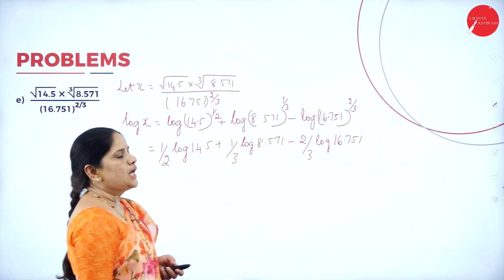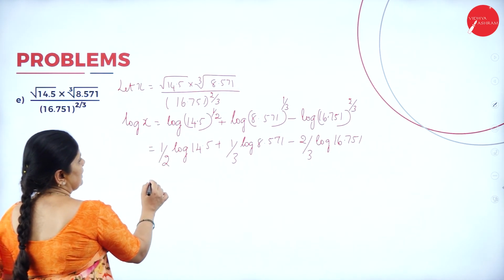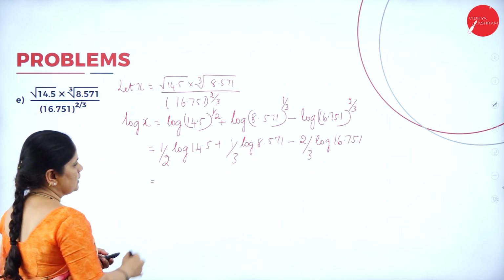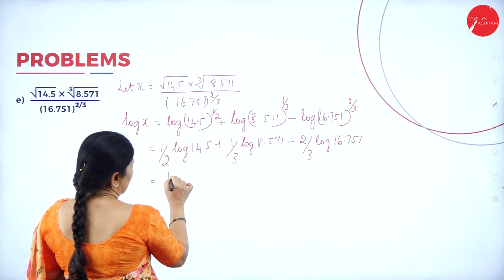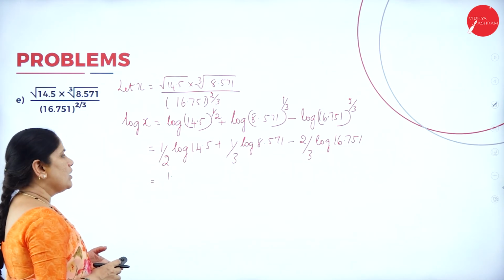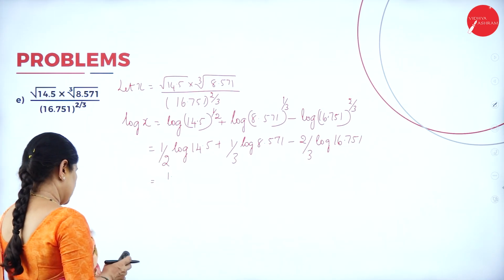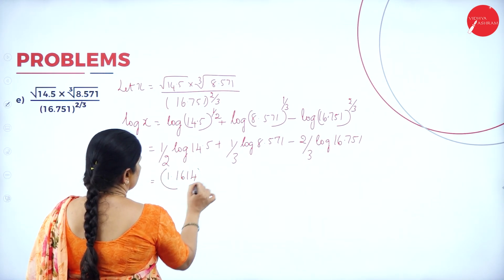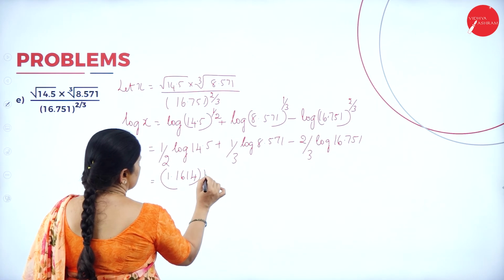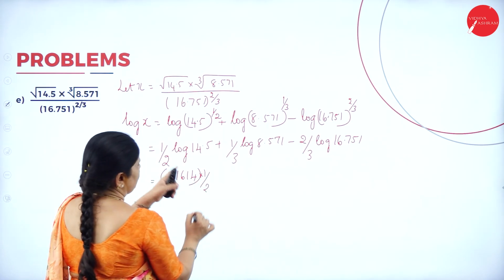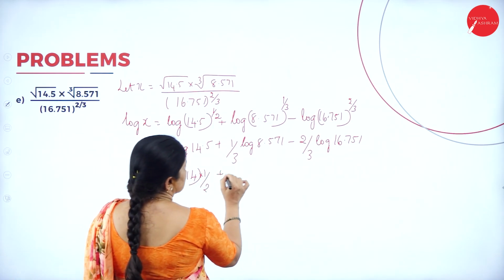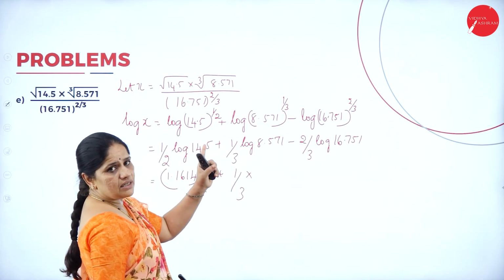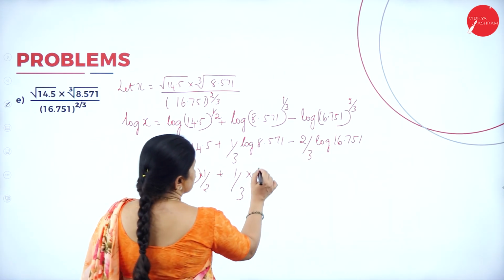Now when I find the log value of 14.5, so that will be 2 minus, there are 2 digits, so 1 point. So the log value of 14.5 is 1614. So into half. So this half I am writing it here, plus 1 by 3 into, so there is 1 digit here, 1 minus 1 is 0.